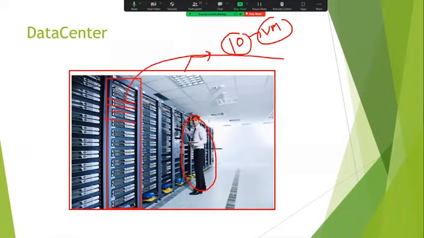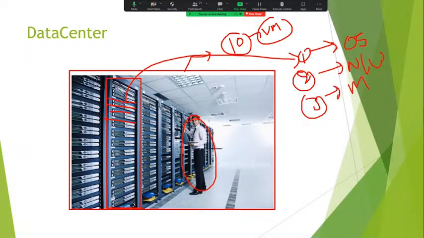Once space is available, first step, they will install the operating system. Second step, they will configure the networking. Third step, they will install all monitoring tools. Fourth step, they will install security patches and fix vulnerabilities to deploy your application. Fifth step, we will configure the firewall rules.